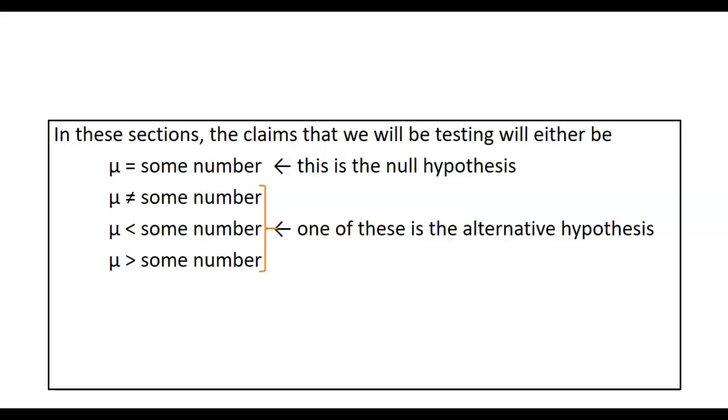So the claim that we'll test is either that that average is some particular number, or the claim might be that the mean is different from some particular number, or that it's less than, or that it's greater than some particular number. But in any case, the claim is going to be about mu, either that mu equals some number, that mu does not equal some number, that mu is less than some number, or that mu is greater than some number.